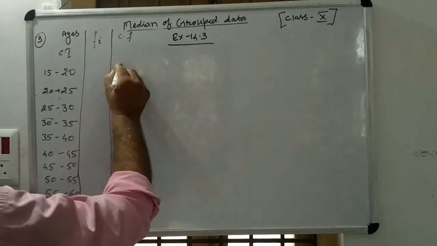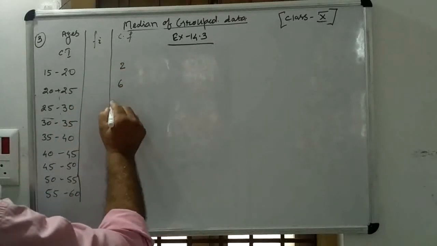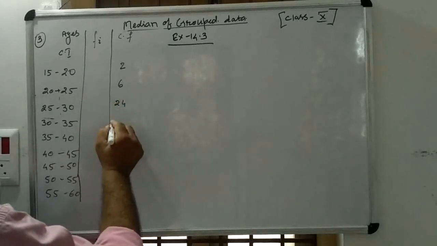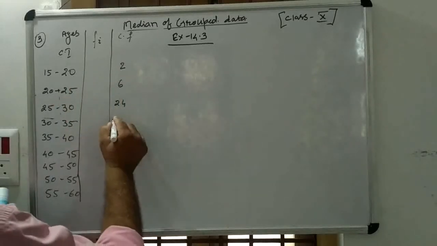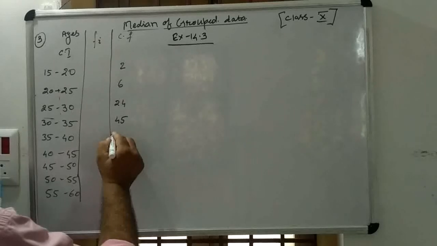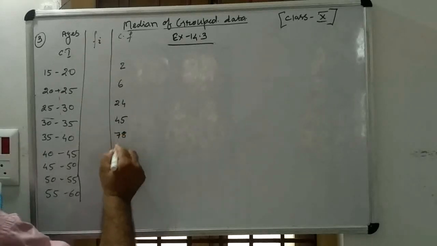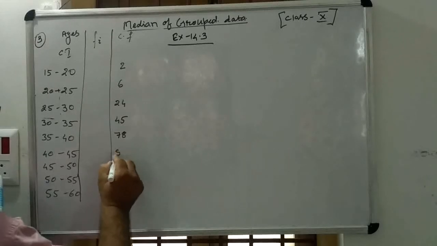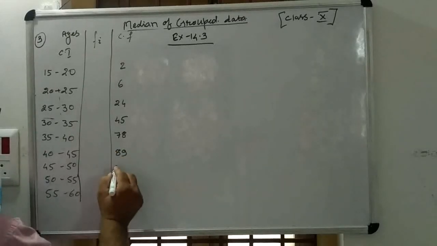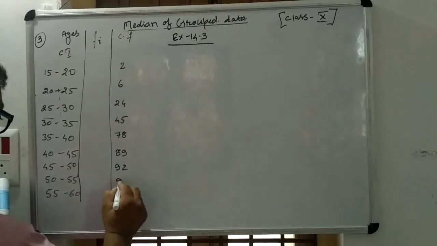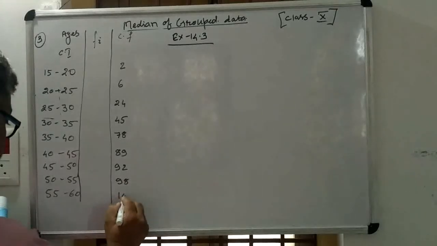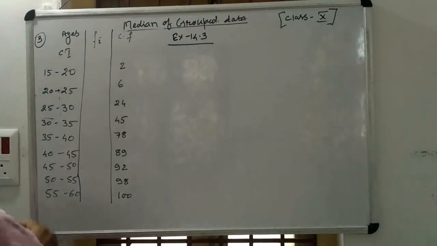So write in this table 2, 6, 24, thereafter 45, 78, thereafter 89, 92, and 98, and thereafter 100. So now in this question, you have to find the frequency from the cumulative frequency table.